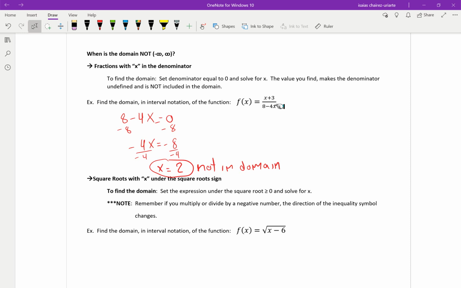So then the domain becomes all real numbers except 2. And if you think about it, graphically that looks like this.